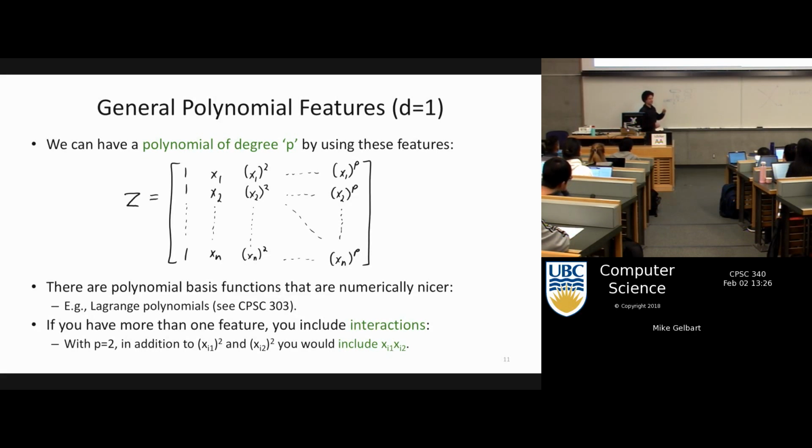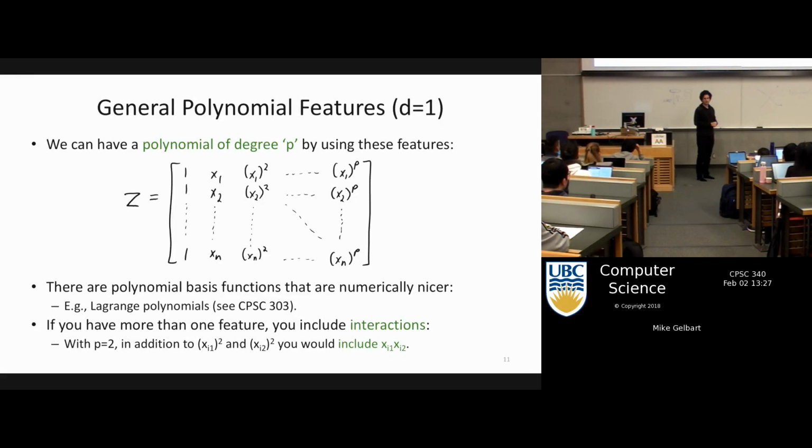So there are some connections here if you've taken or are taking Computer Science 303. This may look to you like the Vandermonde matrix. It is. This is a monomial basis, etc., etc. There are fancier ways of doing this, but for now it's fine. So one other thing is we've just kept talking about one feature.